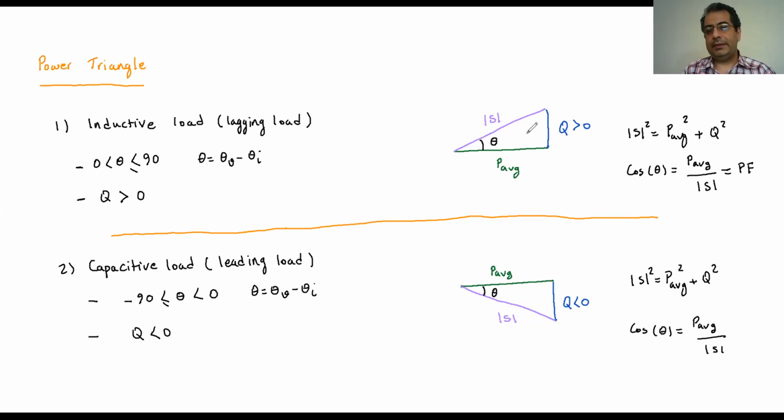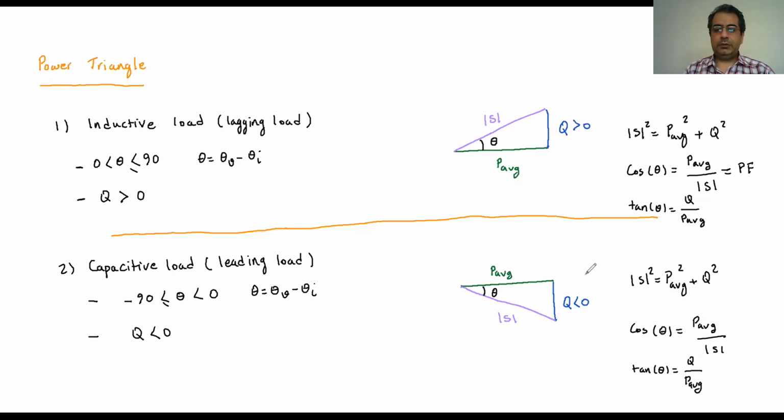Also, sometimes we may need to use the tangent of theta, because the tangent theta is going to be Q divided by P average. You can write it also here: the tangent of theta is Q divided by P average.